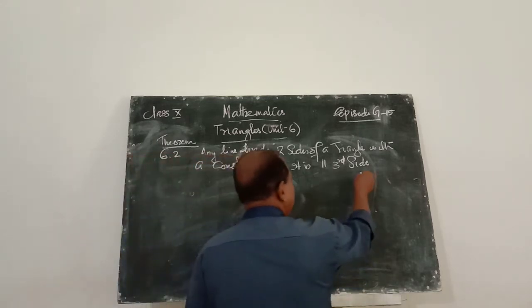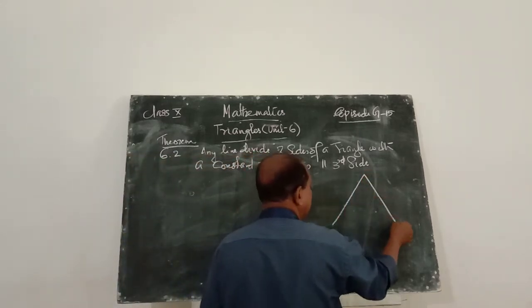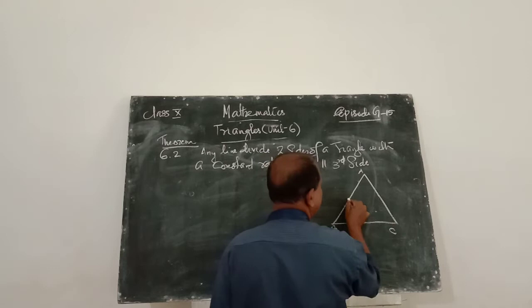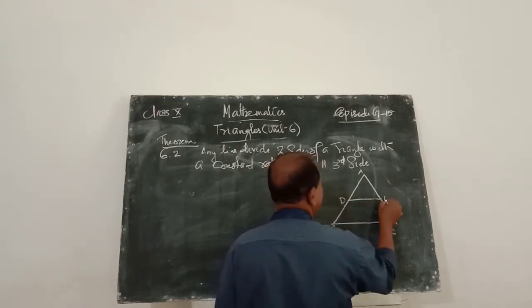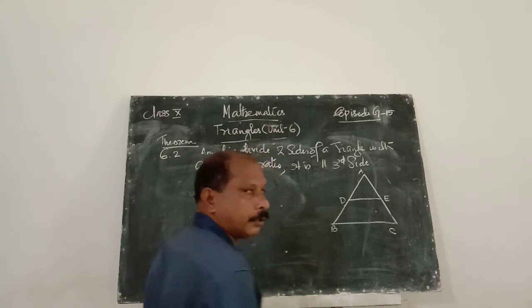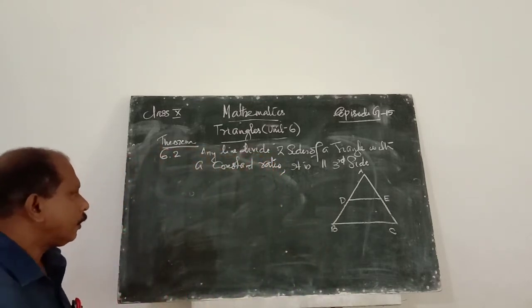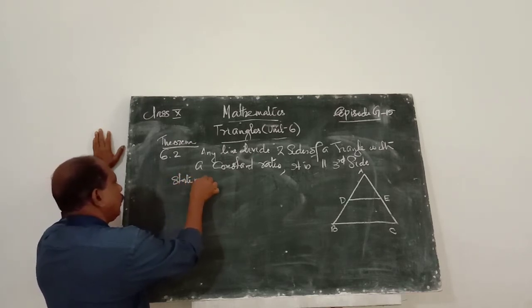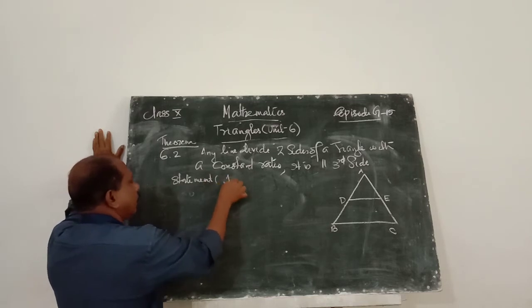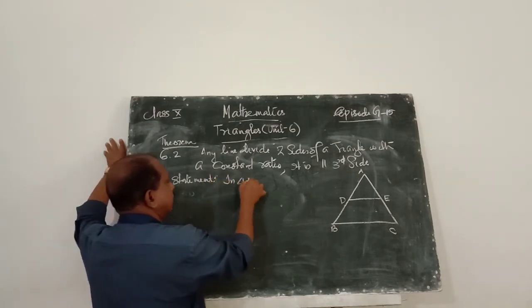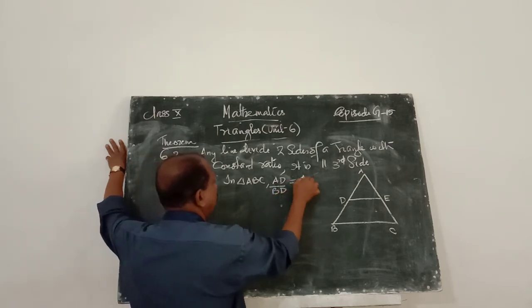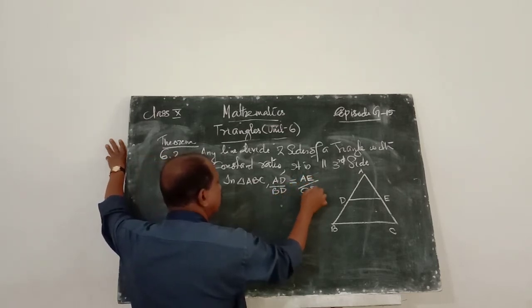For the proof, let us consider triangle ABC. DE is the line segment that makes the statement in triangle ABC: AD by BD is equal to AE by CE.